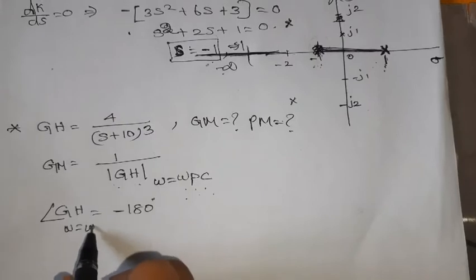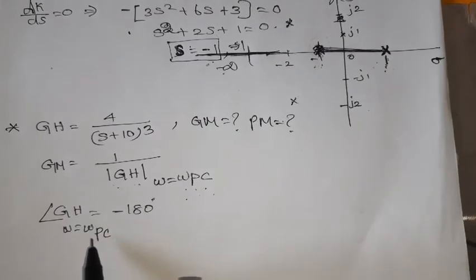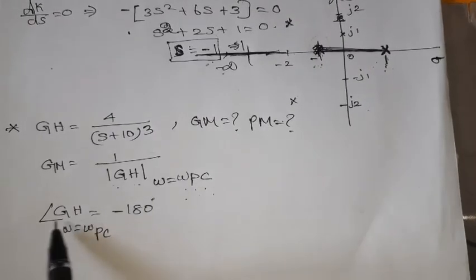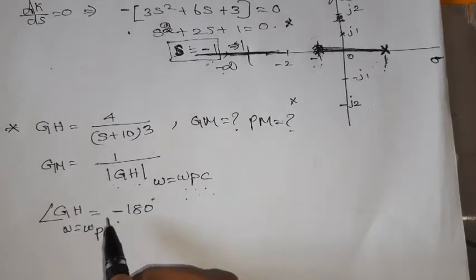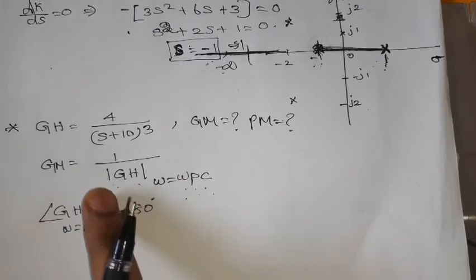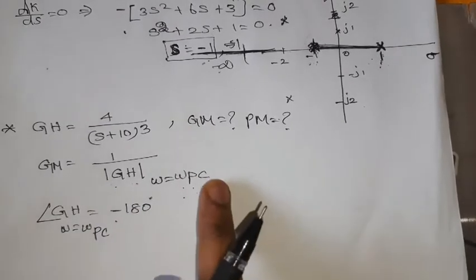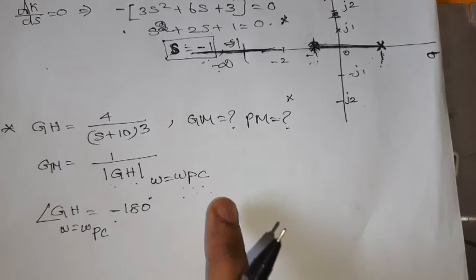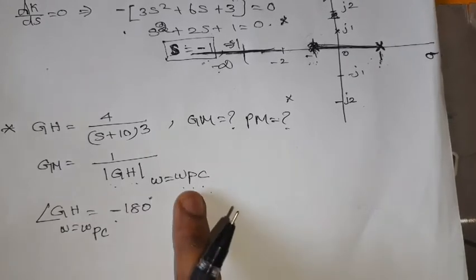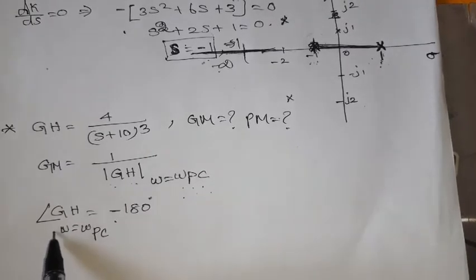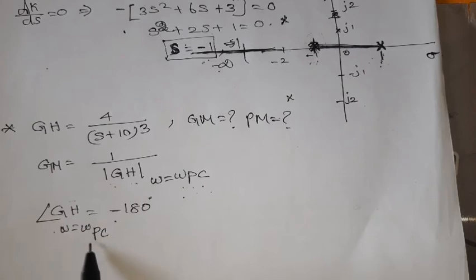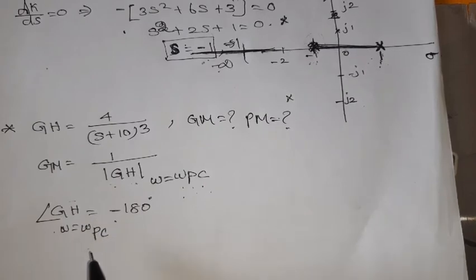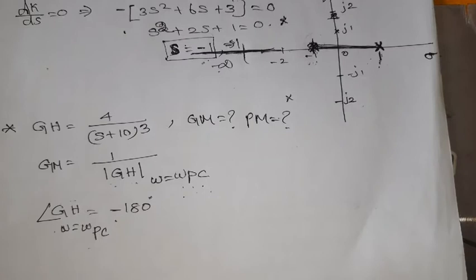We can substitute omega as omega PC when the angle of GH is minus 180 degrees. So equating the angle to minus 180 degrees, that omega becomes omega PC, the phase crossover frequency value.